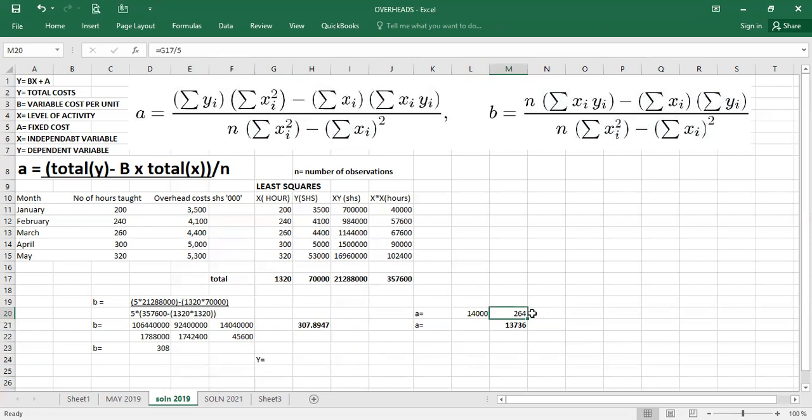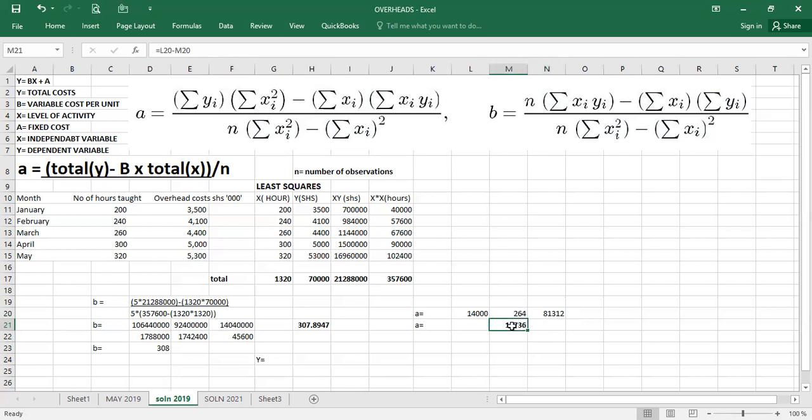This answer we got here is supposed to be multiplied by B. So it is multiplied by the 308, and it will give us that.